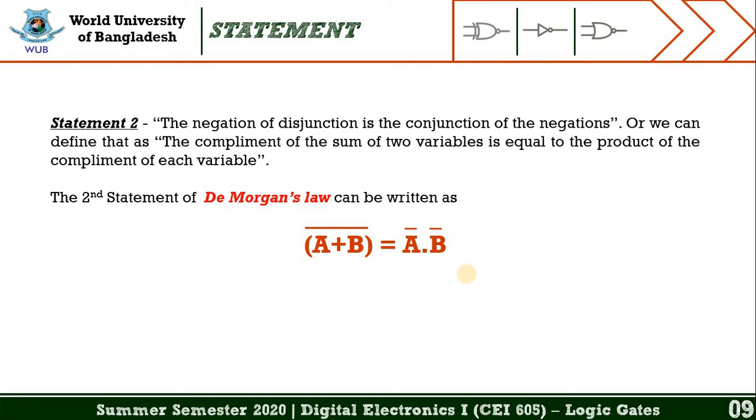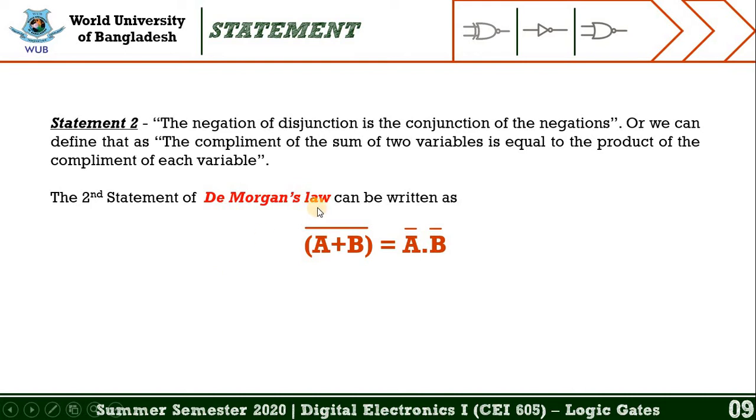Let's start with the second statement of this theorem. The negation of disjunction is the conjunction of the negations, or we can define it as the complement of the sum of two variables is equal to the product of the complement of each variable.